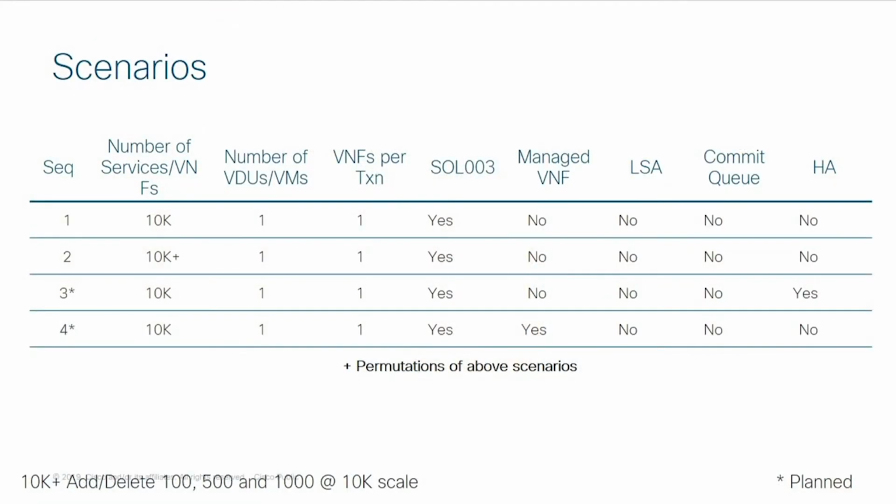You can imagine that there can be different variations and scenarios that are possible. What we have tried to capture here is some of the commonly used options for NFVO. They span from the number of services, to the number of VMs that a particular VNF may have, to the number of VNFs that you intend to instantiate in one commit, and southbound integration options like SOL003, or the managed VNF option, wherein you're allowed to push configuration on the VNF that just came to life.